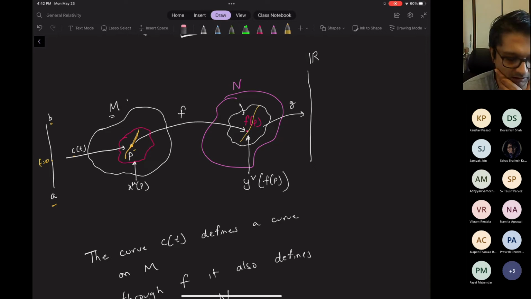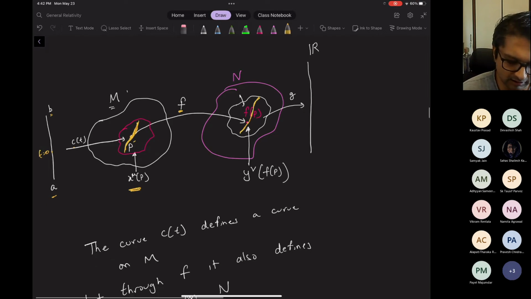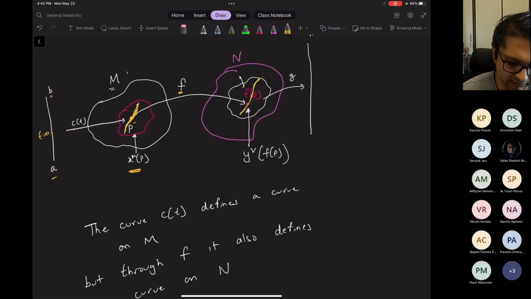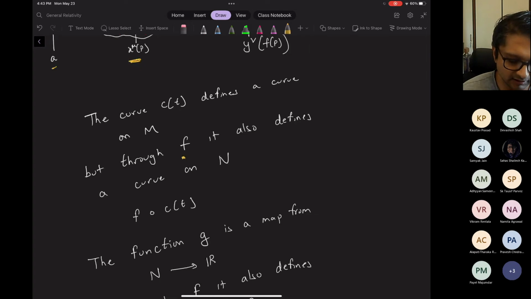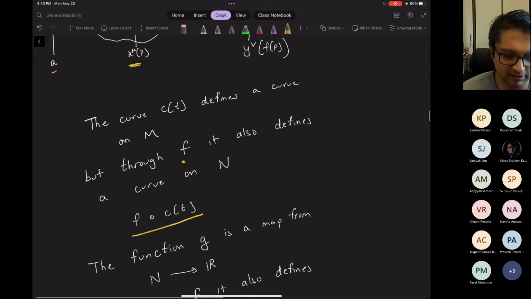The coordinates of different points here we'll denote as x mu, and the point P in particular is x mu of P. Because of F, all the points on this curve get mapped to a curve in N. So the curve C of t defines a curve on M, but through F, it also defines a curve on N. It's easy to understand what it is: F circle C of t.